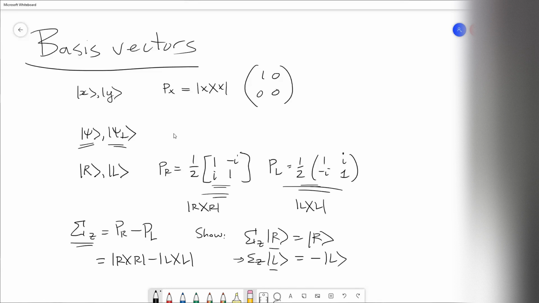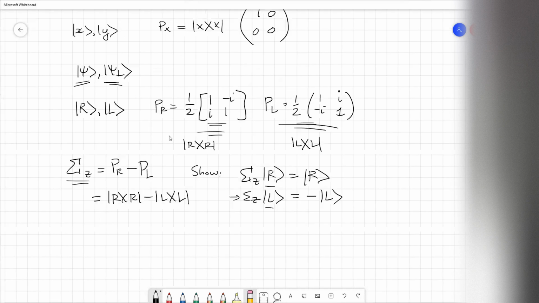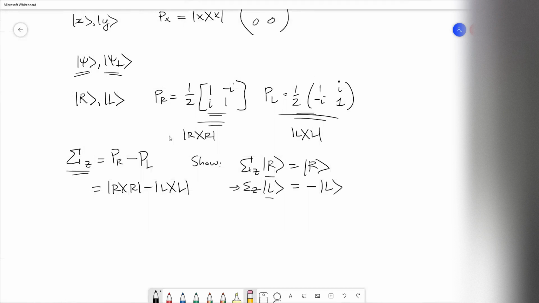Another interesting thing about this is if you exponentiate this operator and you take e to the minus i theta sigma z, you can show that this is equal to cosine theta, minus sine theta, sine theta, cosine theta.